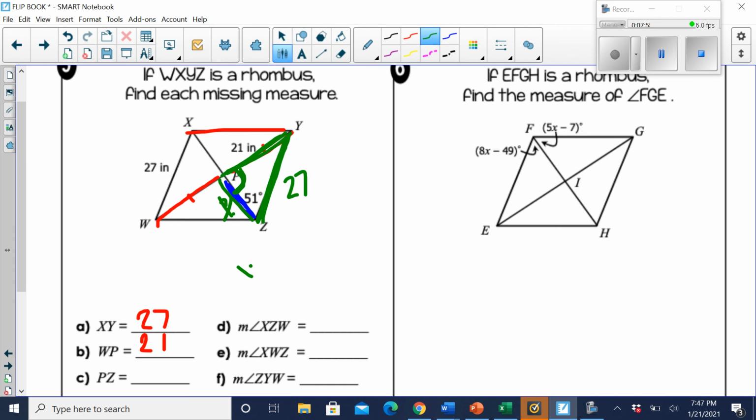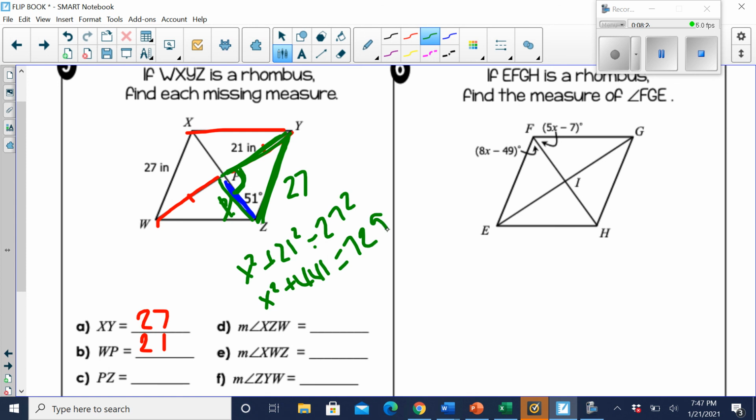So this would be X squared plus 21 squared equal to 27 squared. 21 squared is 441, sorry, trying to find my calculator. And then 27 squared, I get 729.